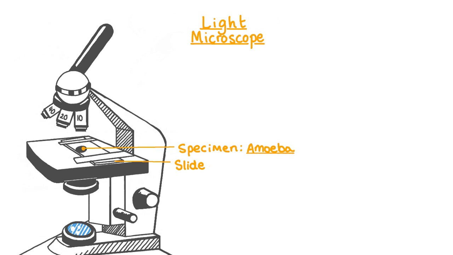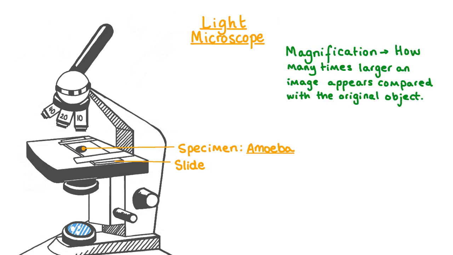Microscopes allow us to see the distinguishing features of a small organism like this amoeba by magnifying it. Magnification is how many times larger an image appears compared with the original object. So a magnified object always appears bigger than it actually is.